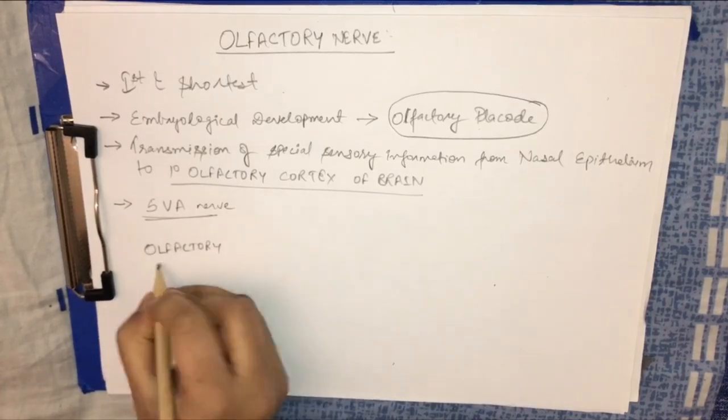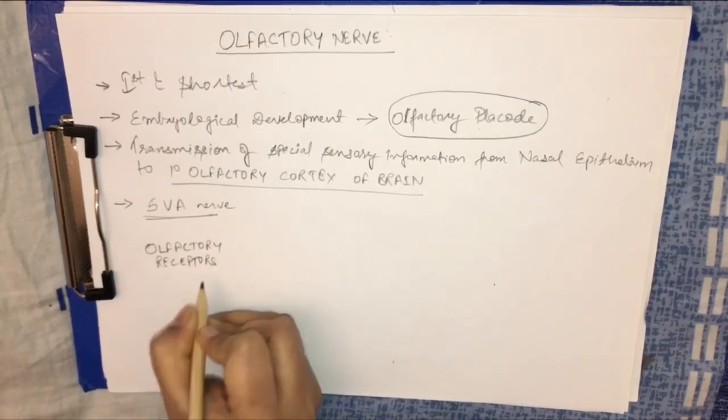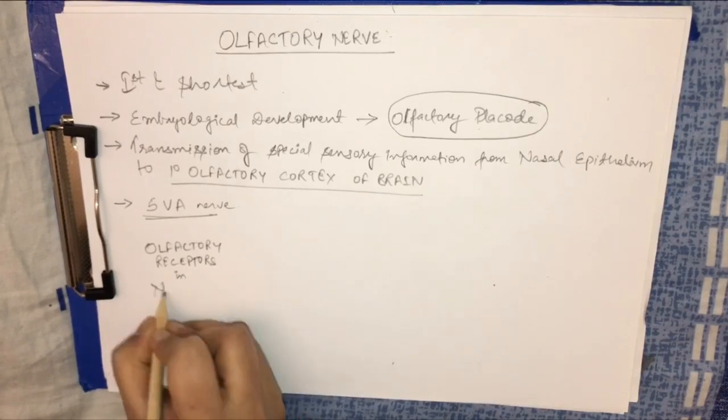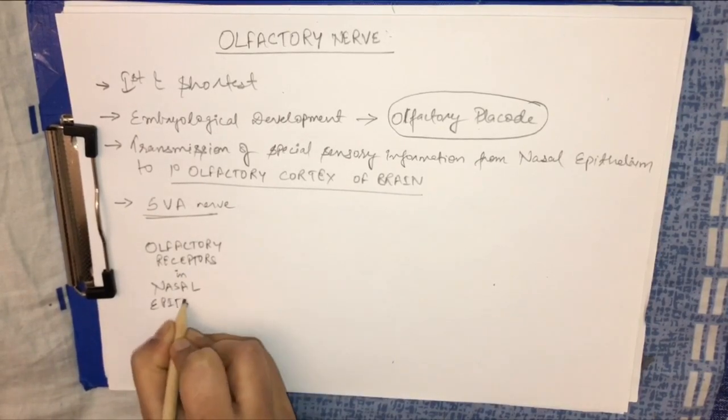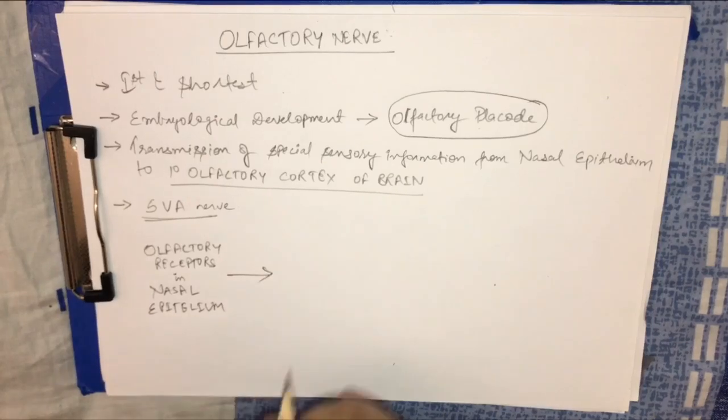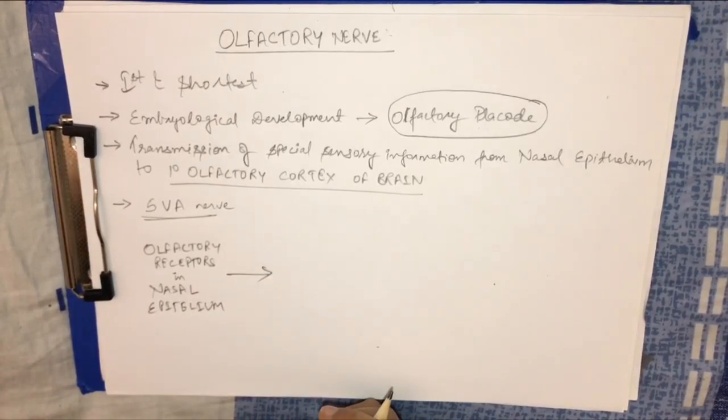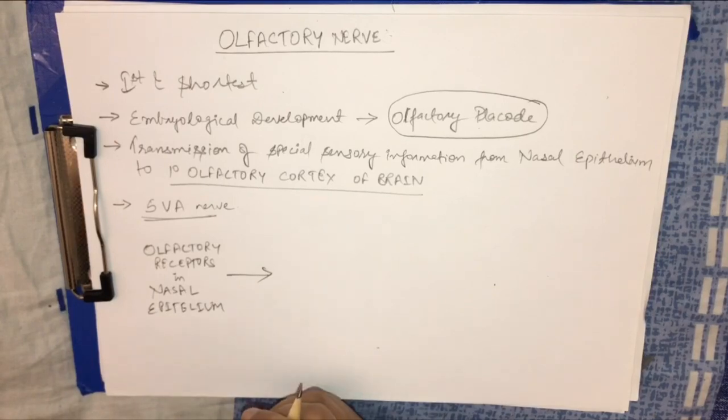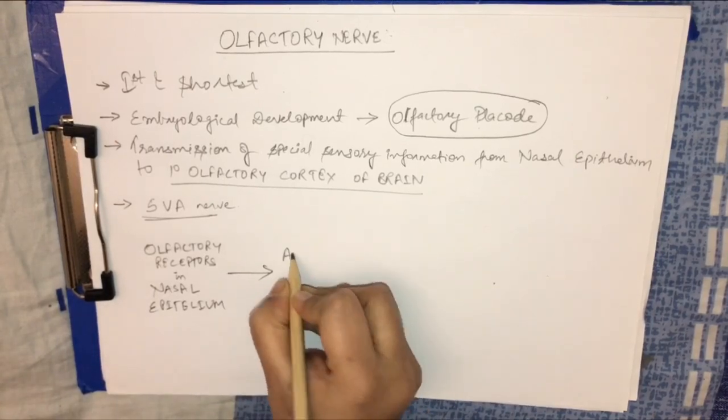The anatomical course of the olfactory nerve describes the transmission of special sensory information from the nasal epithelium to the primary olfactory cortex of the brain. The sense of smell is detected by the olfactory receptors, which are located within the nasal epithelium.